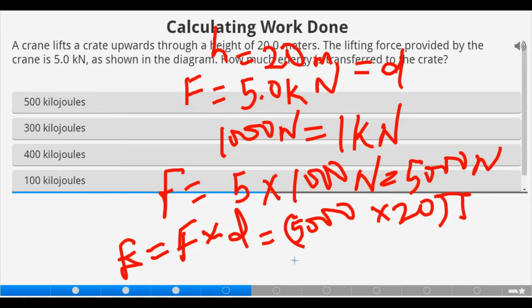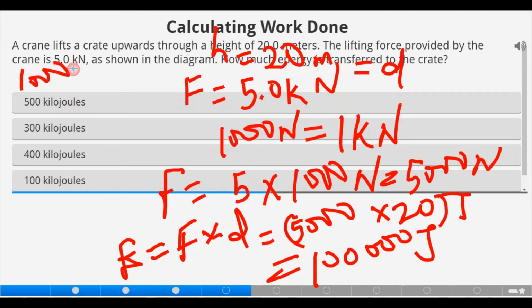So you now have 5 times 2 is 10. How many zeros are left? We have 4 zeros. So that is 100,000 joules. Don't forget that 1000 joules is 1 kilojoule.